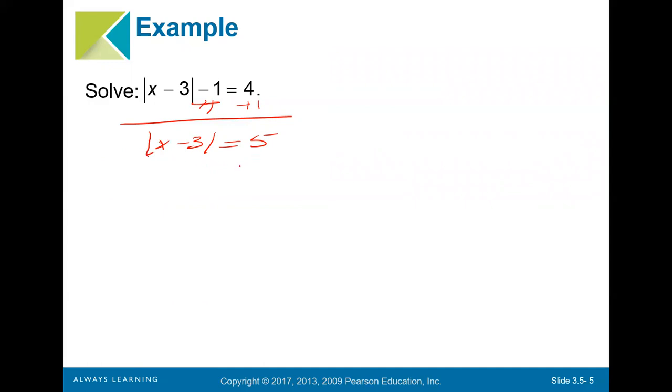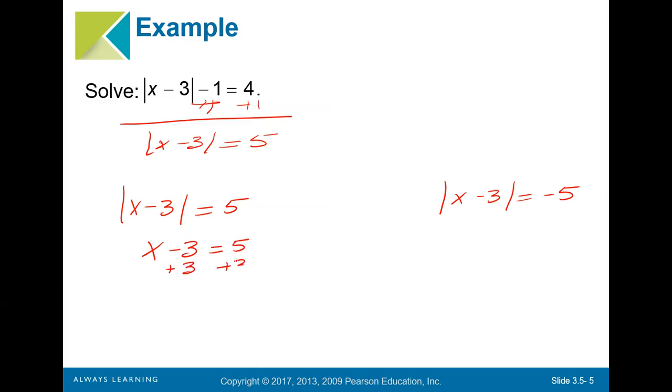It is a positive 5, so I know that I'm going to have two solutions. So what I'm going to need to do is solve for when it's the positive 5, but I also need to come over here and solve for when it's a negative 5. So now I'm going to drop the absolute value and let's solve for it. Since it's a -3, let's add it to both sides. So now I get x is equal to 8.